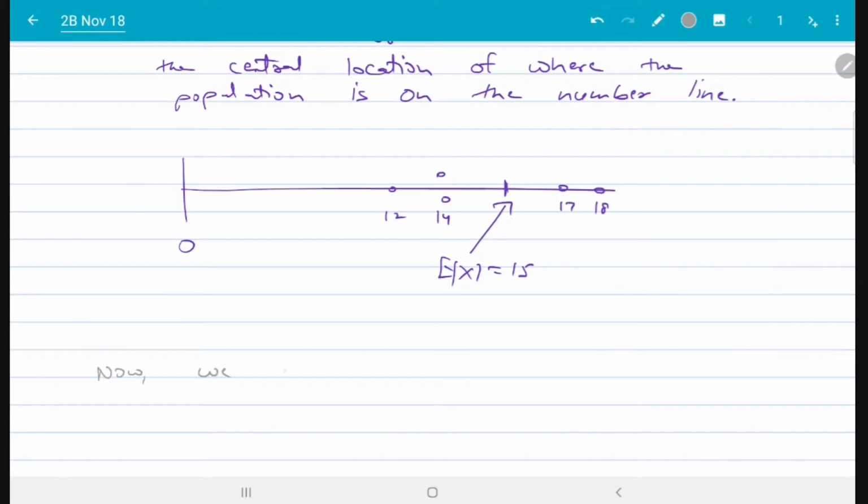Now we have another population: 15, 15, 15, 15 and 15.